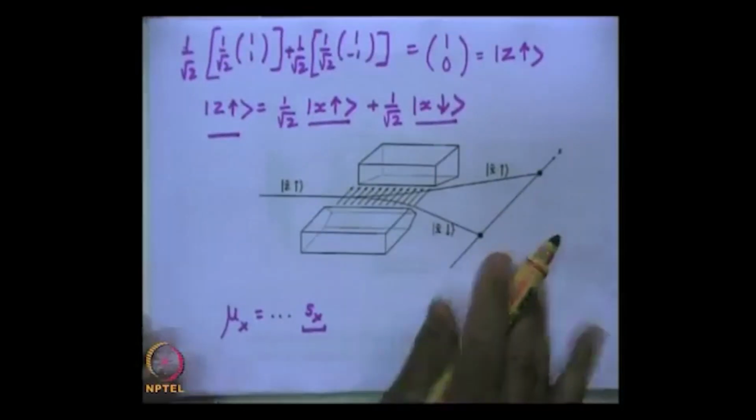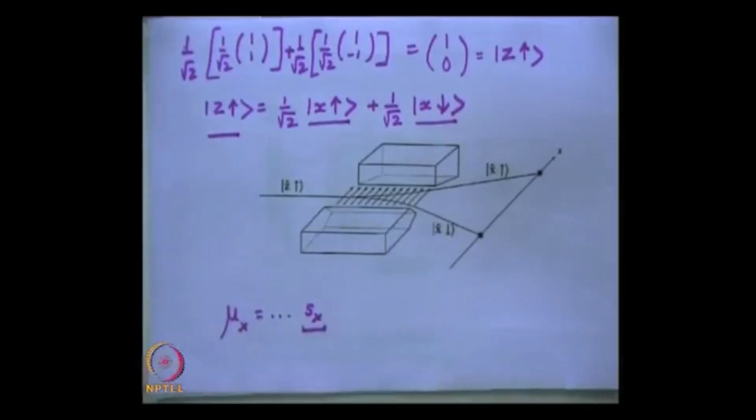So, therefore, let us suppose this is the x axis and this is the z axis, and the beam is coming along the y axis.